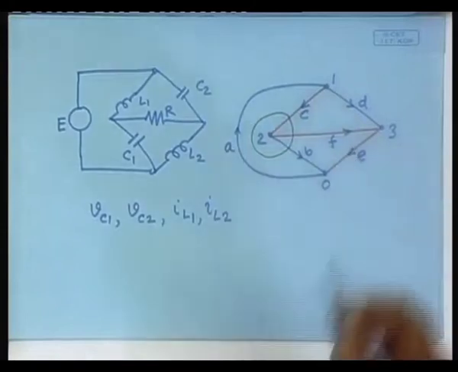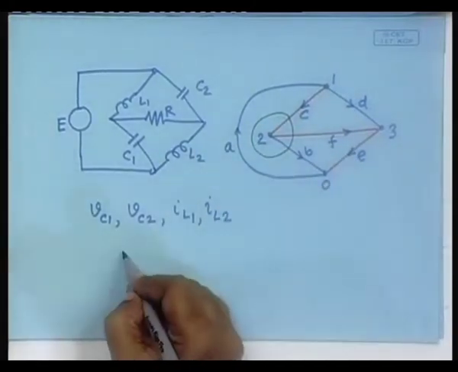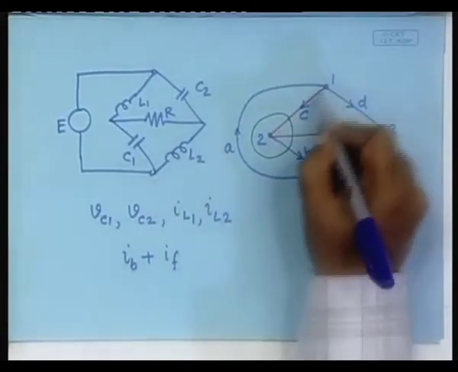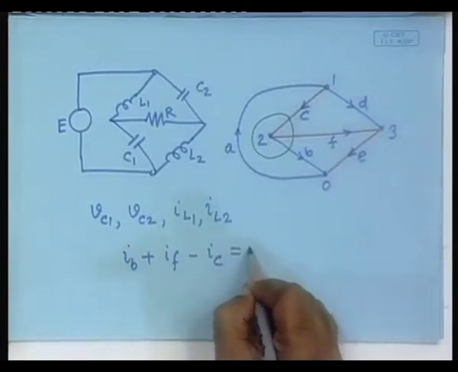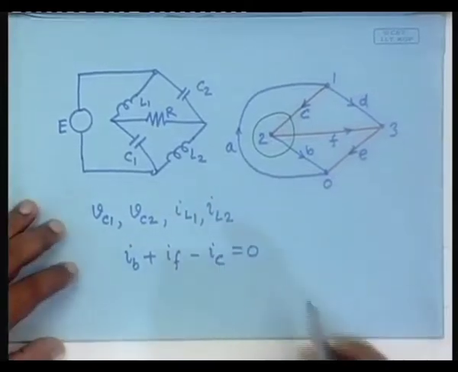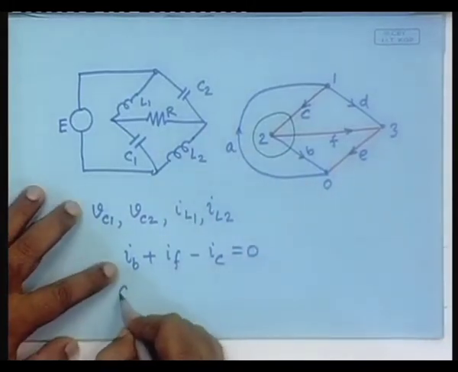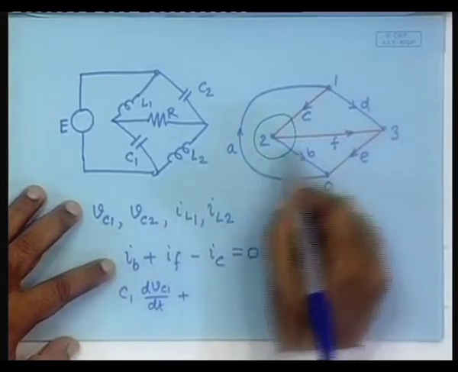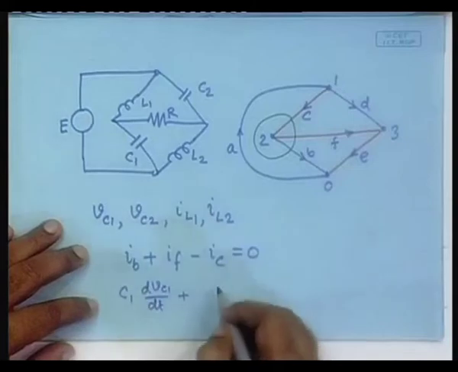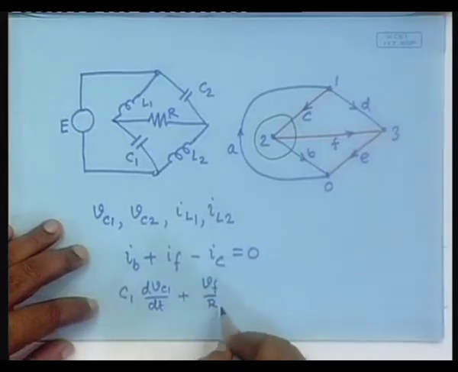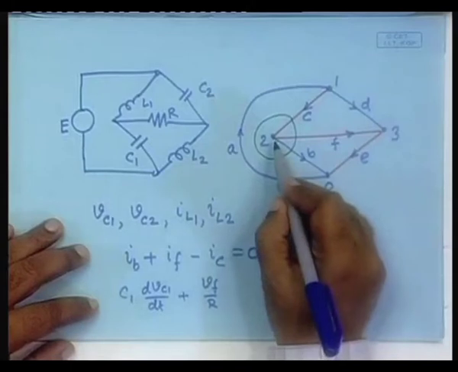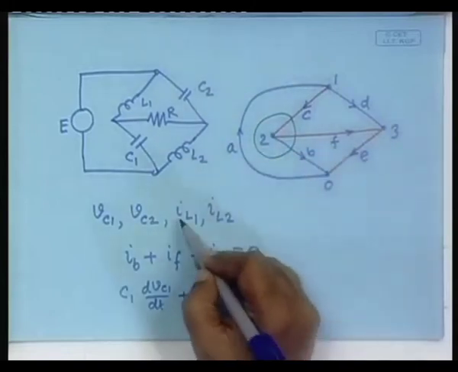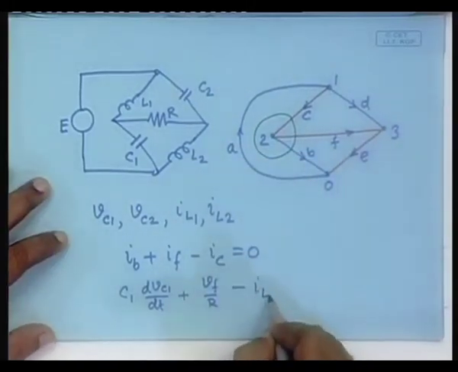So, IB plus IF minus IC is equal to 0, first equation. Out of that, IB is C1 dVC1/dt, plus IF is VF by R, and IC is also a state variable, IL1.